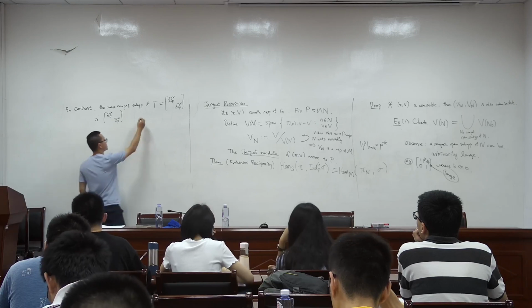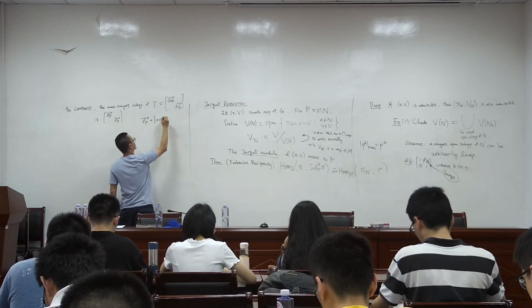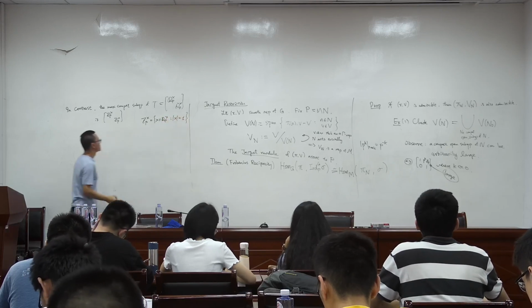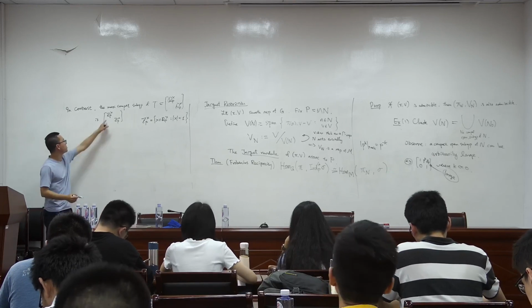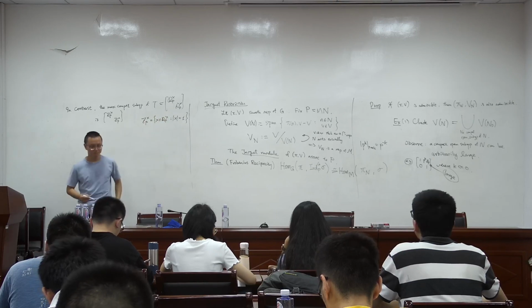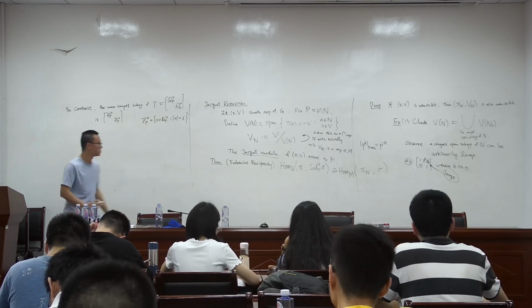Okay. C_p^× is the circle. Anything outside the circle will generate the whole T. I let you think about it.